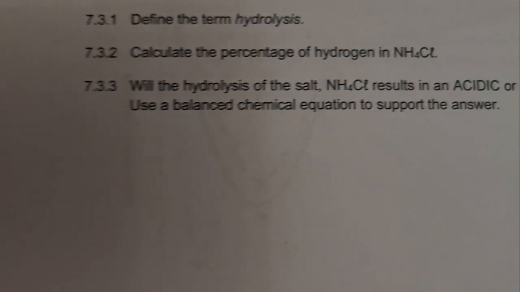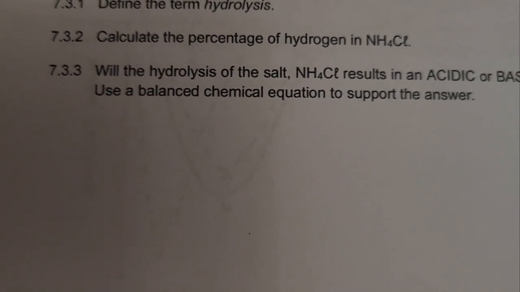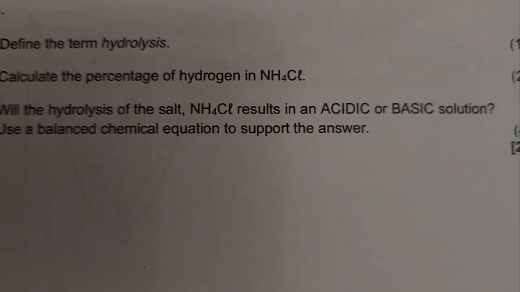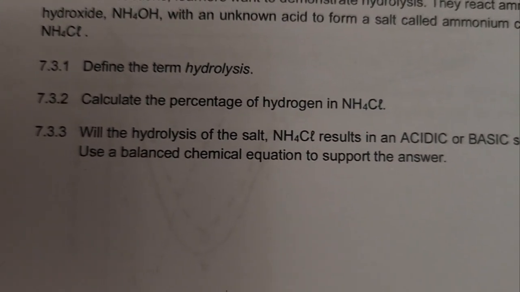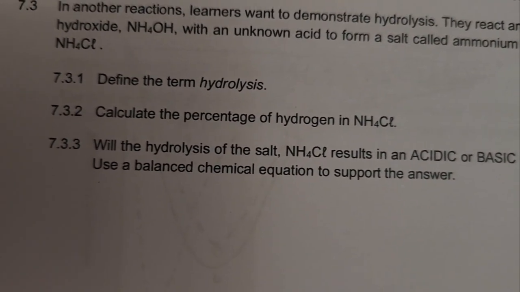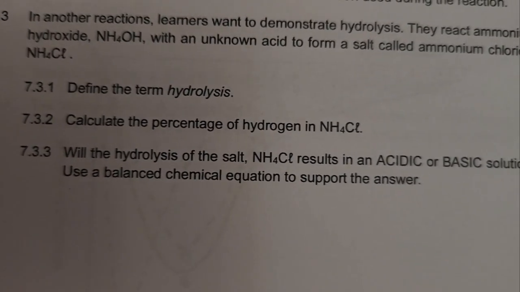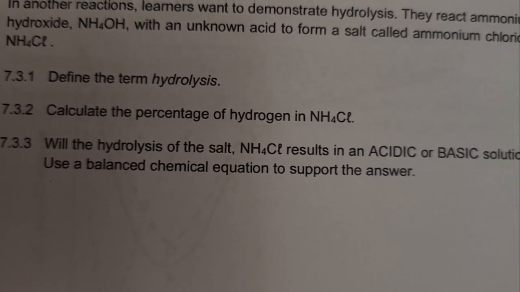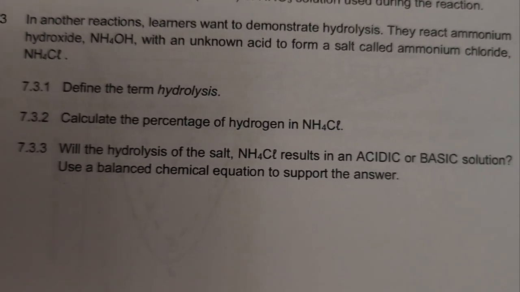Now fine, seems as if we are going to explain here. Now they say use a balanced equation to support your answer. Remember, if they were not in need of the balanced equation, you will just say why is it acidic? It's because it's a salt of a strong acid and a weak base. That will be the reason.